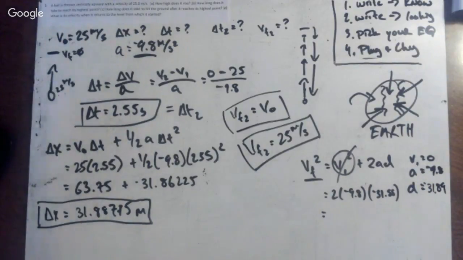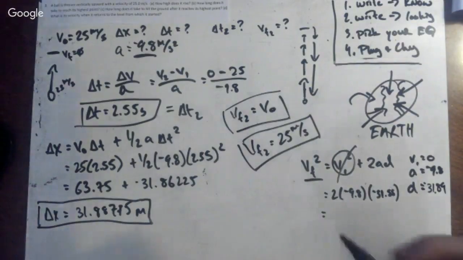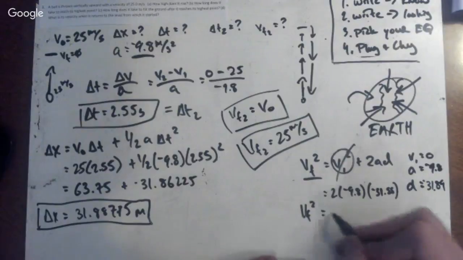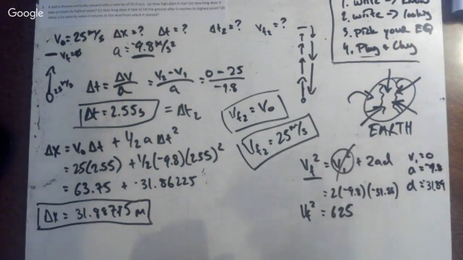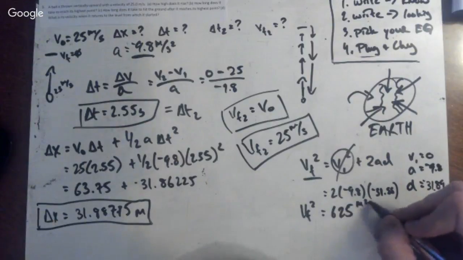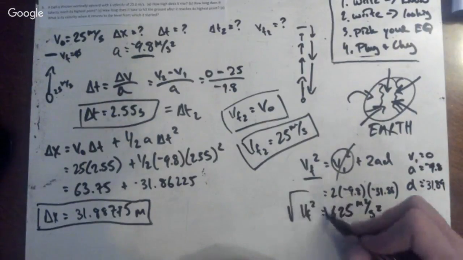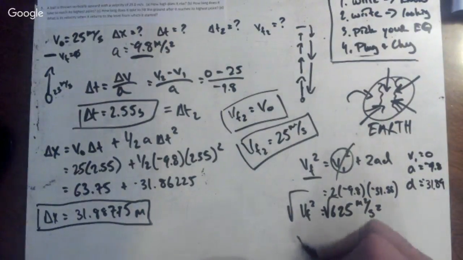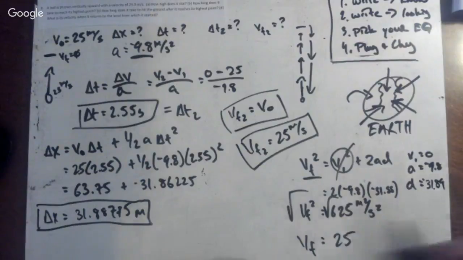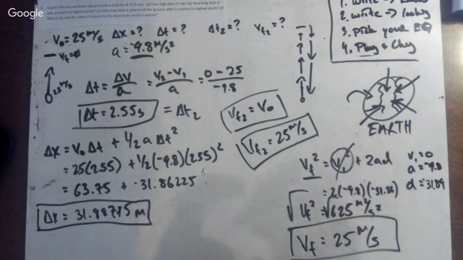And we end up with VF squared equals 625 meters squared per second squared. We need to take the square root of both sides, and boom, VF equals 25 meters per second. Okay?